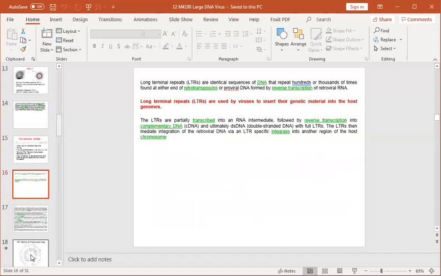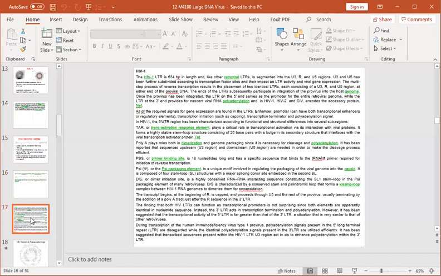Slide number 16 talks about long terminal repeats. I am sure that you guys have been introduced to this concept in the prerequisite courses, but for those of you who, like myself, may have forgotten about this, here is a little bit of a reminder. Slide number 17 talks about HIV-1 because it has long terminal repeats.